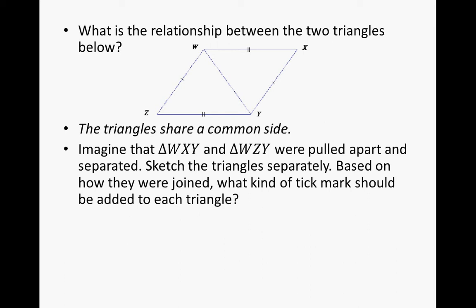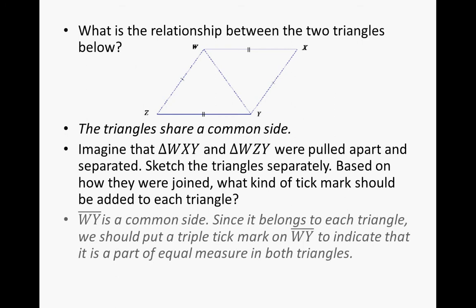Imagine that triangle WXY and triangle WZY were pulled apart and separated. Sketch the triangles separately. Based on how they were joined, what kind of tick mark should be added to each triangle? Line segment WY is a common side. Since it belongs to each triangle, we should put a triple tick mark on line segment WY to indicate that it is part of equal measure in both triangles.